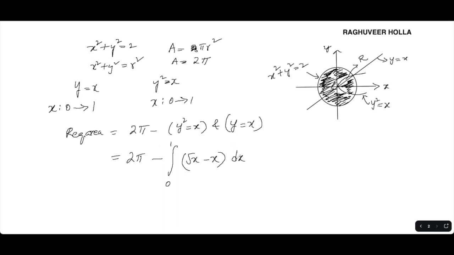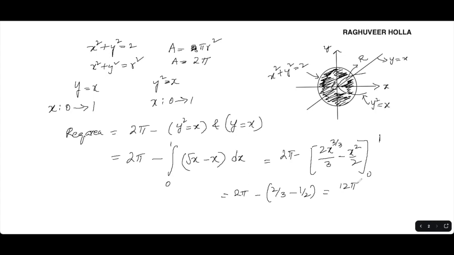When we simplify, 2 pi minus 2x to the power 3 by 2 by 3 minus x square by 2, from 0 to 1. So this is 2 pi minus 2 by 3 minus 1 by 2, which after simplifying is 2 pi minus 1 by 6. This is the required answer.